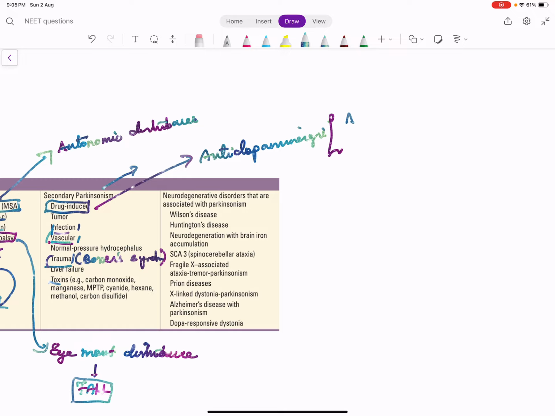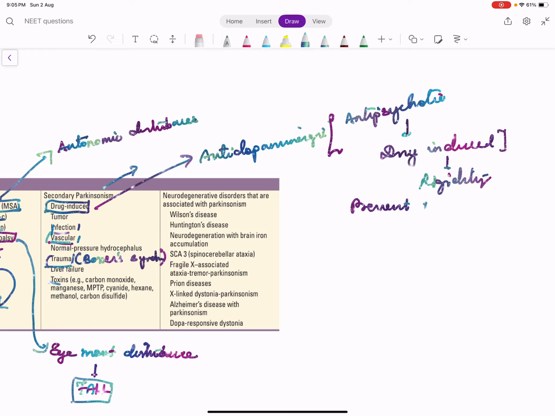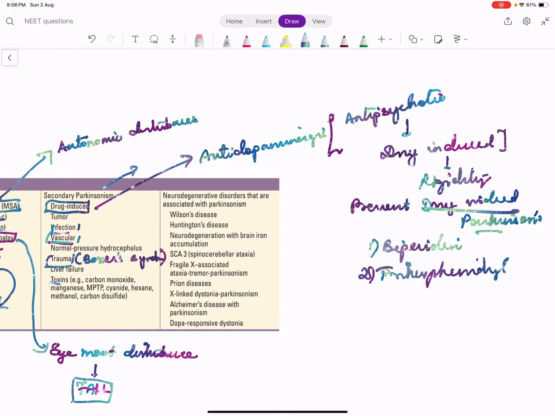So most psychiatric drugs are antipsychotics, which are anti-dopaminergic, so they can cause drug-induced Parkinsonism. Usually drug-induced Parkinsonism has more rigidity than tremors. How will you prevent drug-induced Parkinsonism? By giving some drugs like biperiden and trihexyphenidyl. These are anticholinergics, which will be discussed in psychiatry.